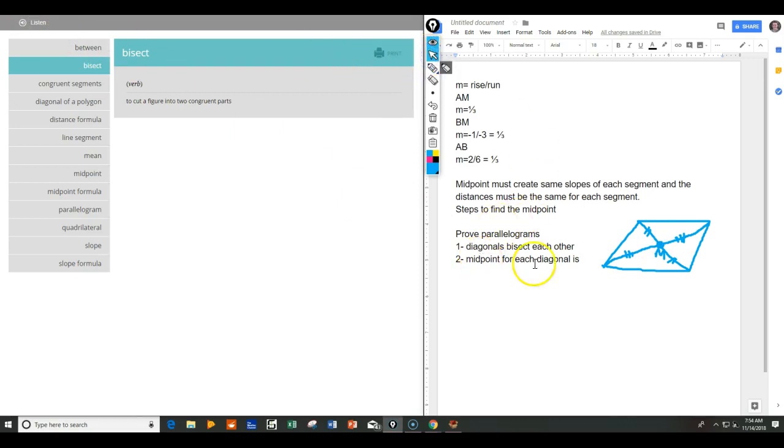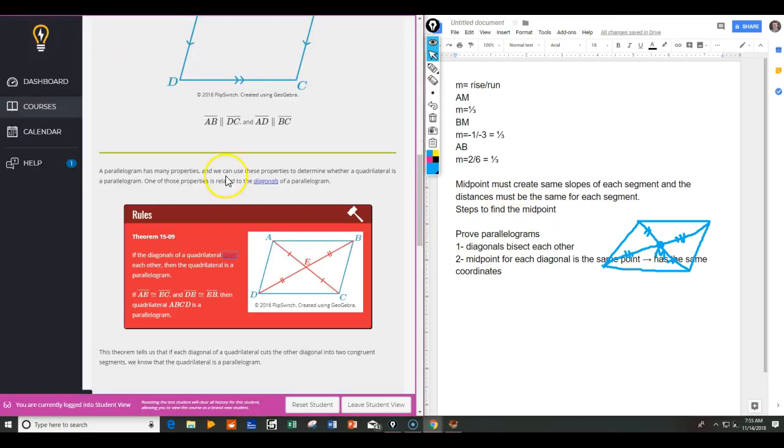So the midpoint for each diagonal is the same point, meaning it has the same coordinates. So that is how I would use this theorem to break it down.